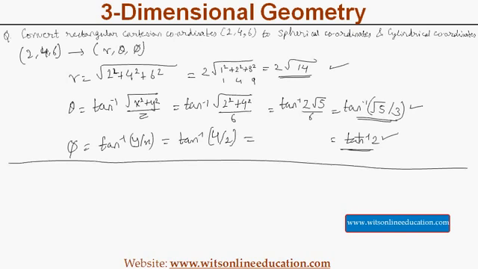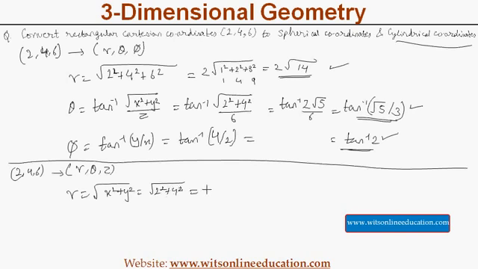Now we will convert this point 2 comma 4 comma 6 in the cylindrical coordinate system. That is, we are required to find r, theta and z. R is equal to the square root of x square plus y square, that is the square root of 2 square plus 4 square, that is the square root of 4 plus 16, that is 20, or 2 square root of 5.